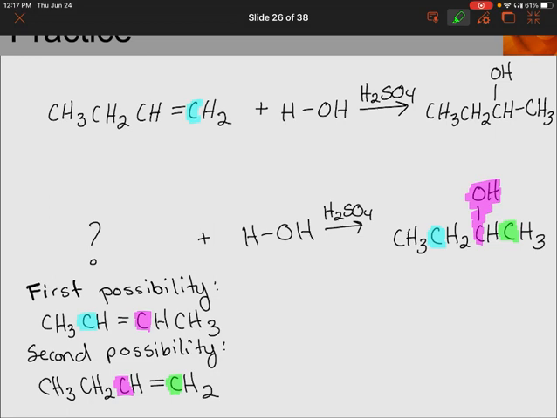So usually if we want the OH group to end up in a particular place, ideally we want to start with a symmetrical alkene if we can. So just notice that the first possibility is symmetrical. The second one is unsymmetrical or asymmetrical.